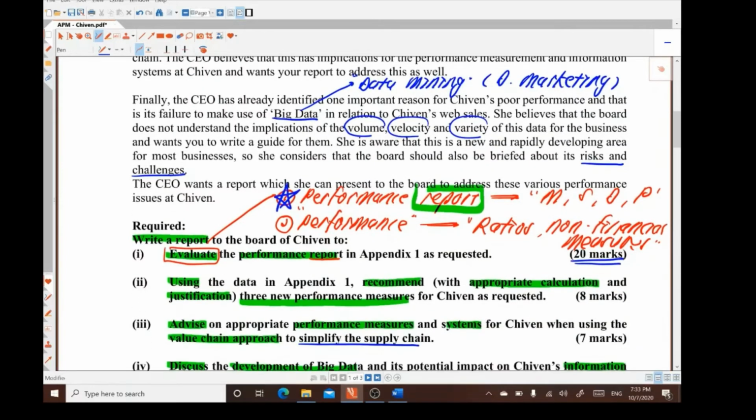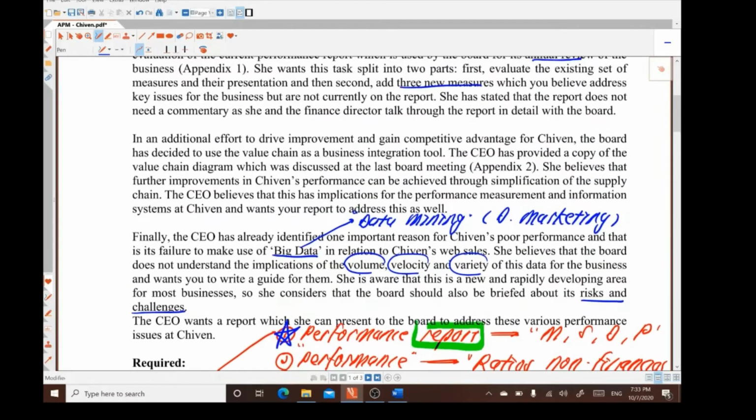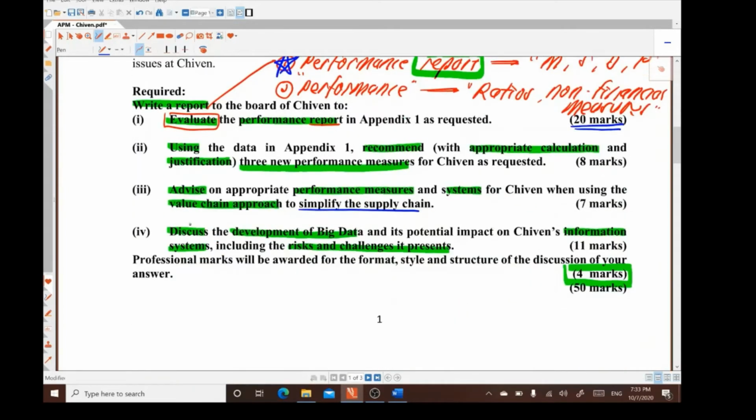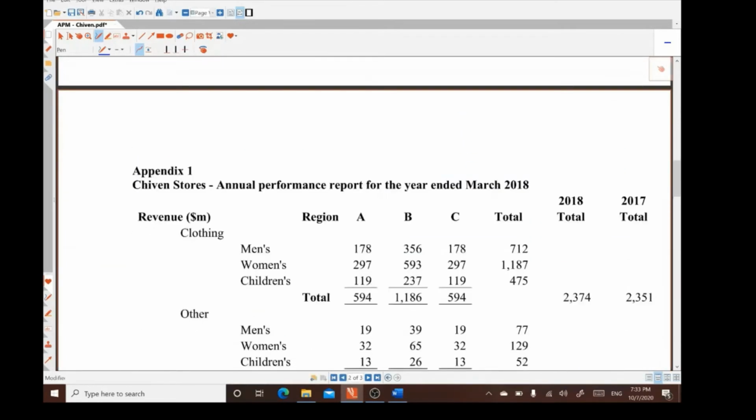Okay, now next. The CEO wants a report which she can actually present to the board to address these various performance issues at Shivan. So this is somehow important, as these are some of the key areas that they want us to look into.